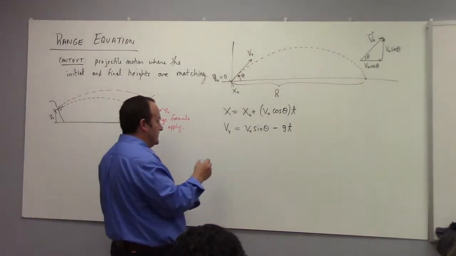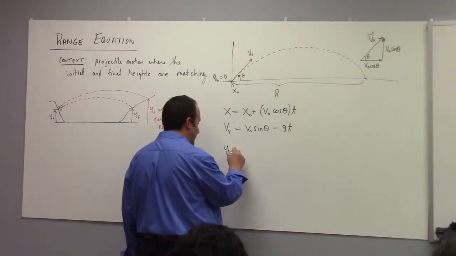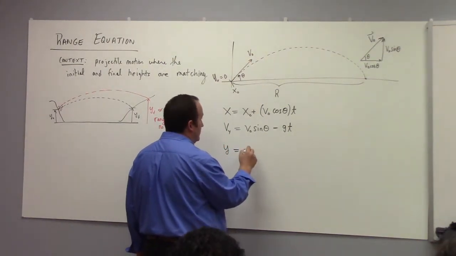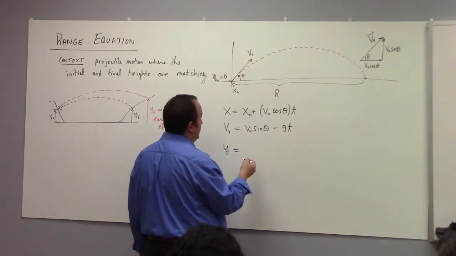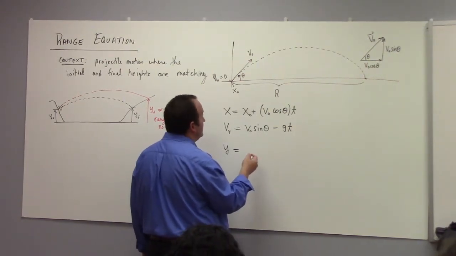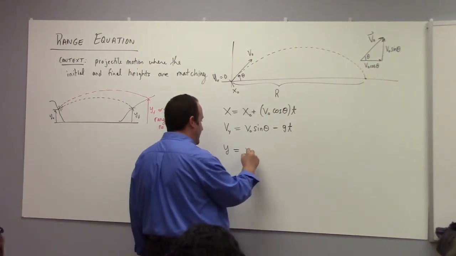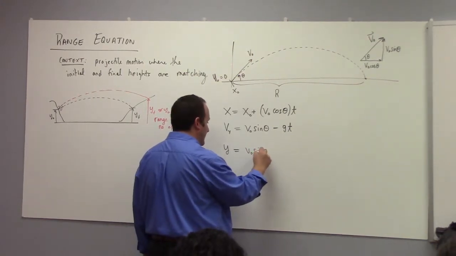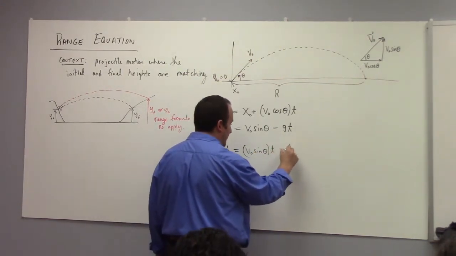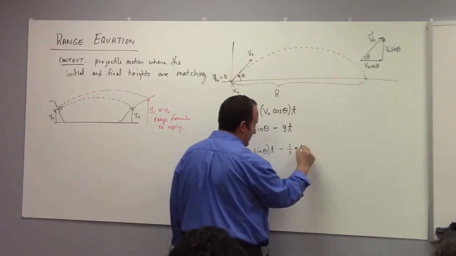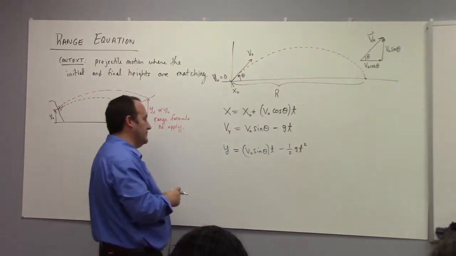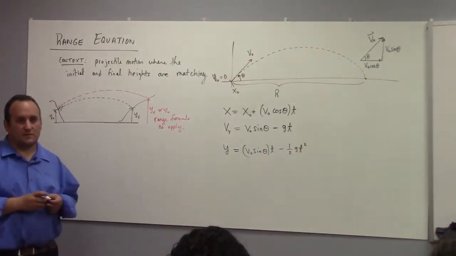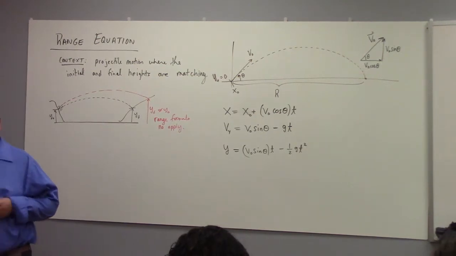How about y? What's the formula for y? Well, we put y naught equal to 0, so I'll have v naught sine theta times time minus 1/2 gt squared. So there you go. These are your kinematic equations for projectile motion.